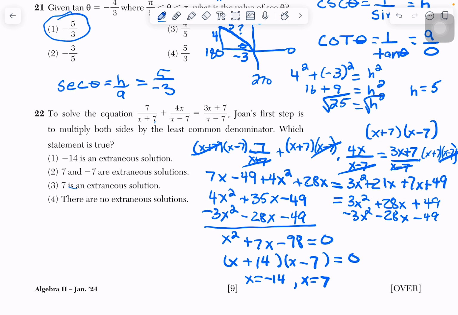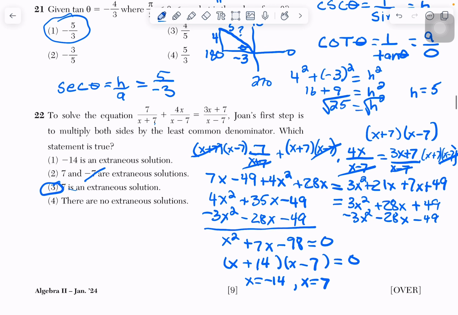So x equals negative 14 is not an extraneous root because it doesn't make any of the denominators 0. But if I put in 7, it's going to make this one zero. And negative 7 isn't even a root, so we don't have to worry about that. So just 7 is extraneous because we put in 7 here, 7 minus 7 is 0, and we can't divide by 0.